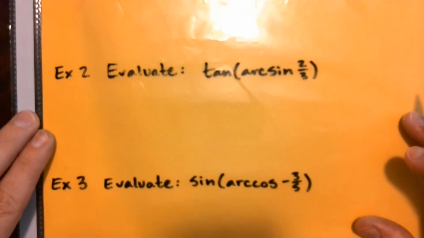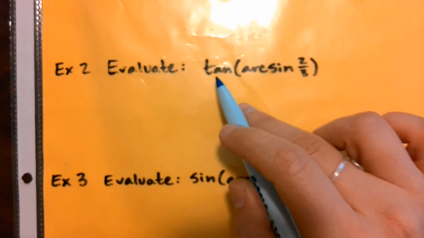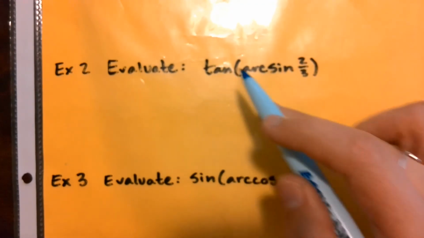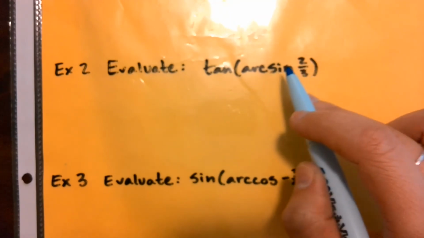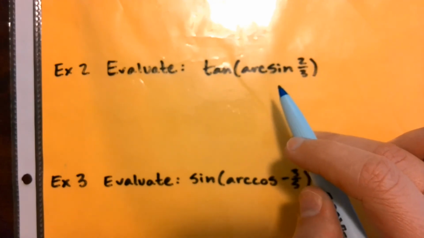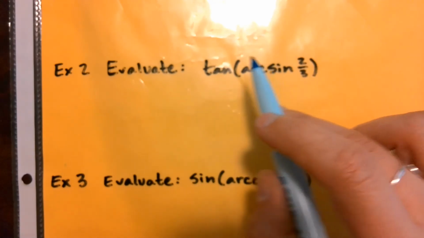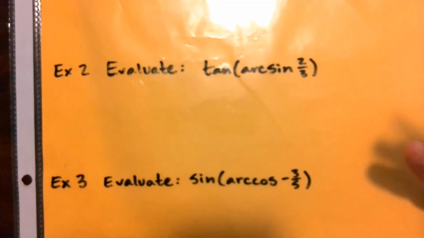We could have something that involves an inverse trig function, but also finding another trig function. And really what this is asking is if you have this ratio for sine, we're going to have some angle that comes from that, but we don't necessarily need to know what the angle is, because then we're going to be finding the ratio of tangent of that angle.